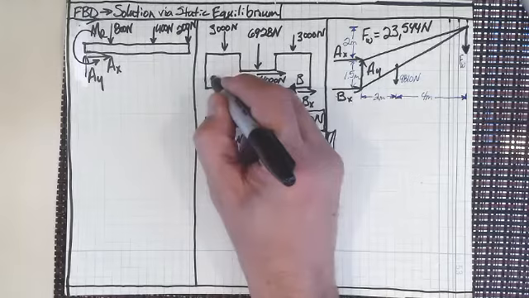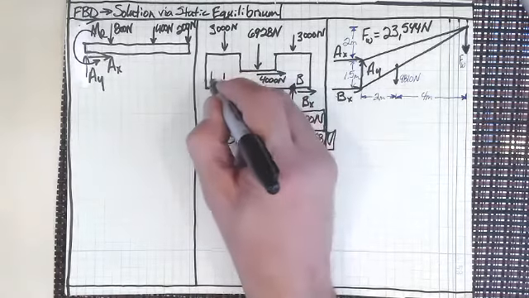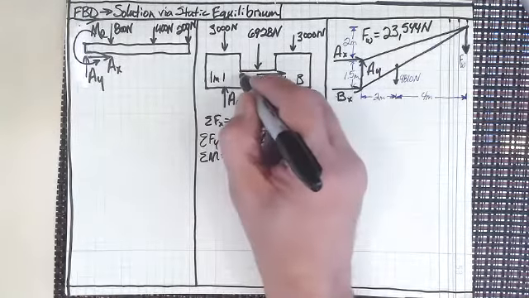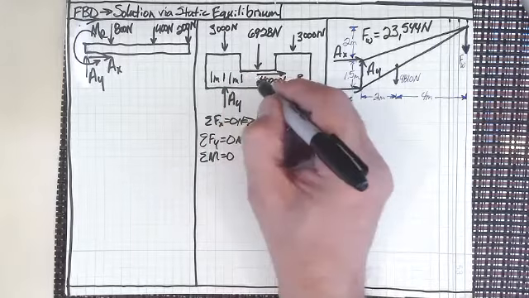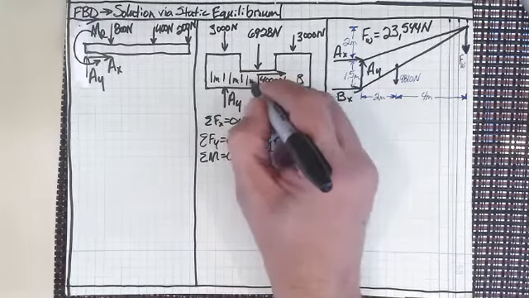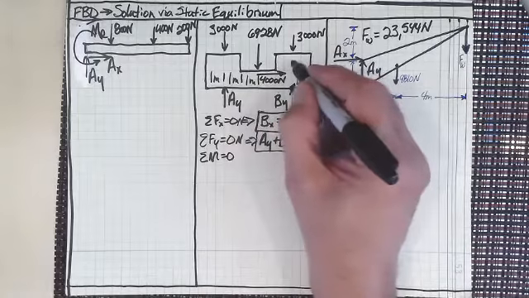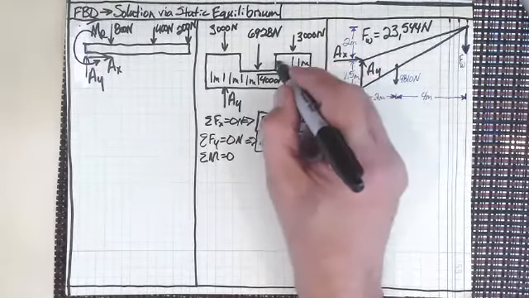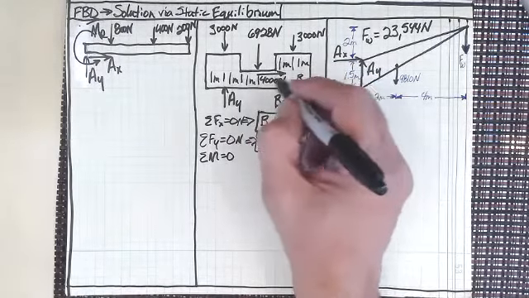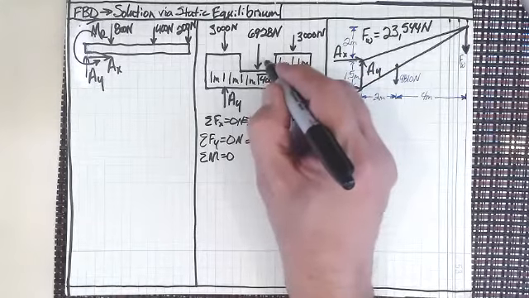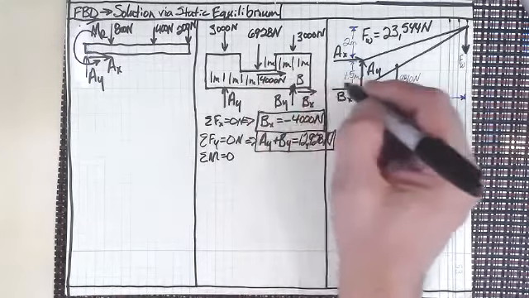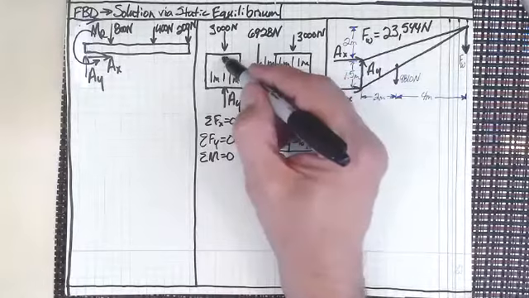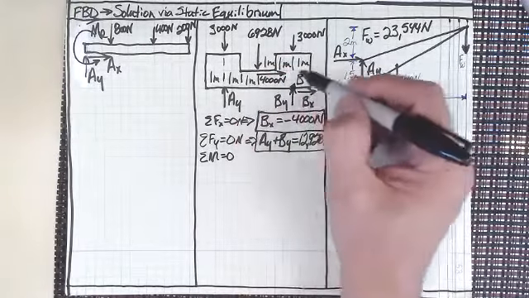This is 1 meter. This is 1 meter. This is 1 meter. I think everybody can see how this is going. This is 1 meter, and this is 1 meter. So all of these are broken up, and if I wanted to, I could say this is 1 meter here too. They're all 1 meter increments in between the various different things here.